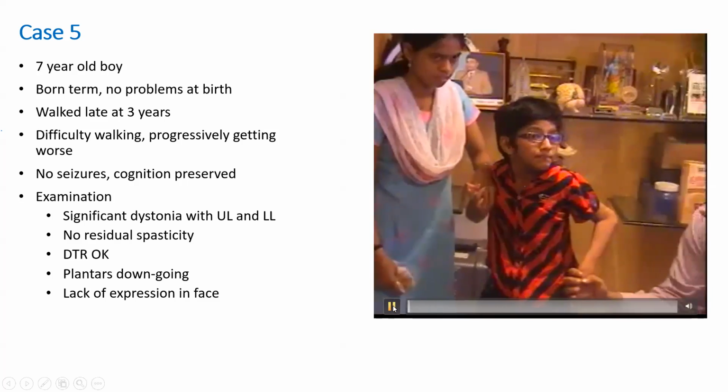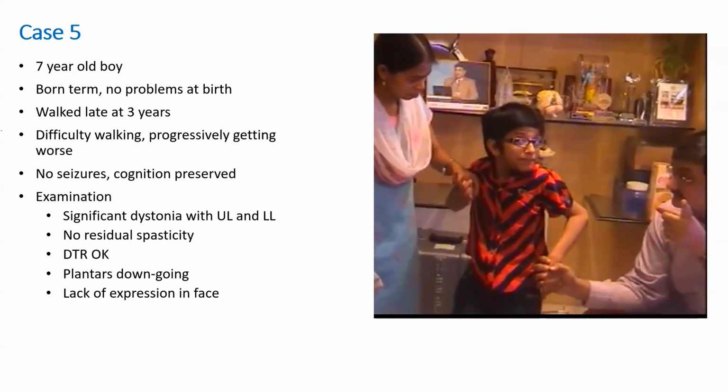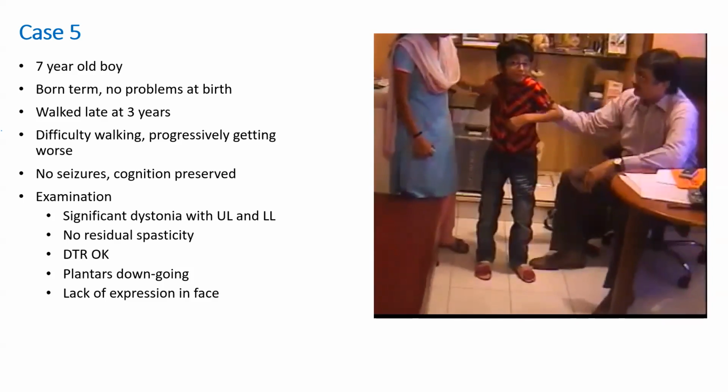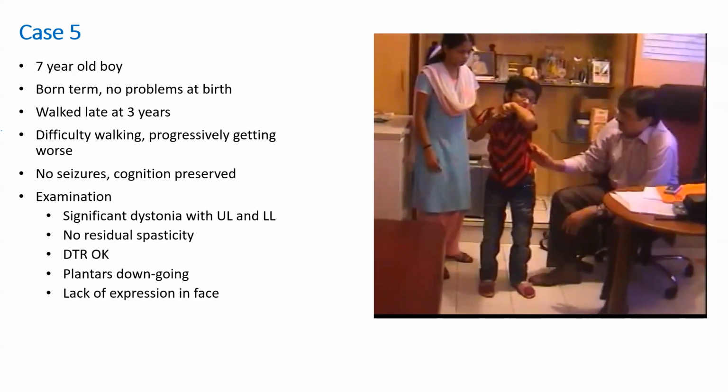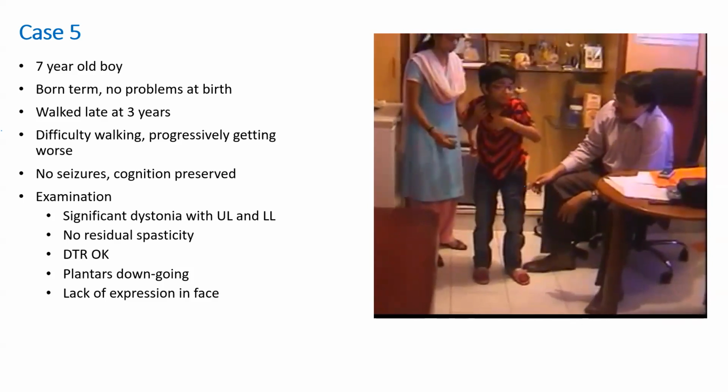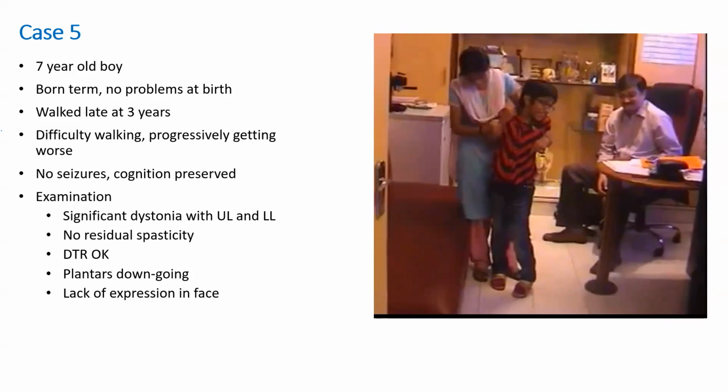And on examination, you can see how he has significant dystonia with upper limb and lower limb involved. There isn't a residual spasticity, reflexes are normal. But look at how his face lacks expression.